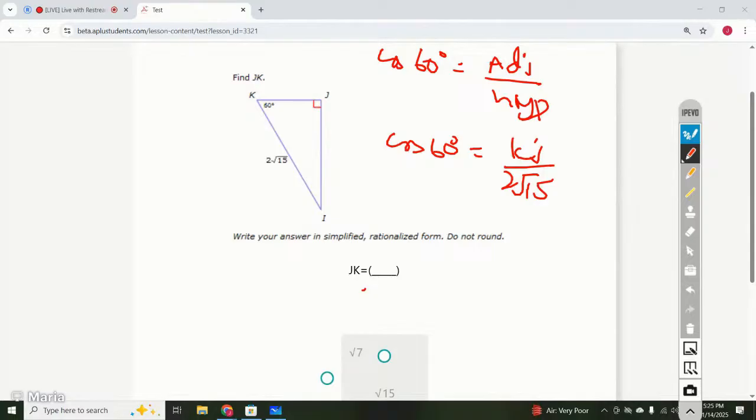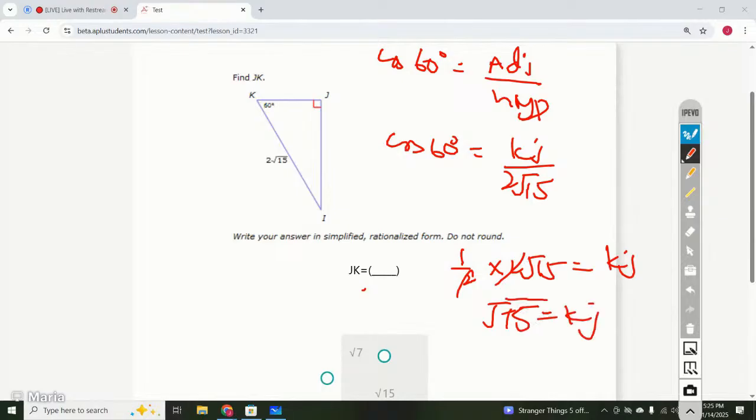So cos 60 equals 1 by 2. So 1 by 2 times 2 square root 15 equals KJ. So 2 and 2 cancel out, so we are left with square root 15. So KJ is equal to square root 15.